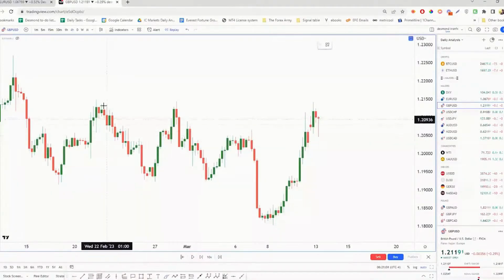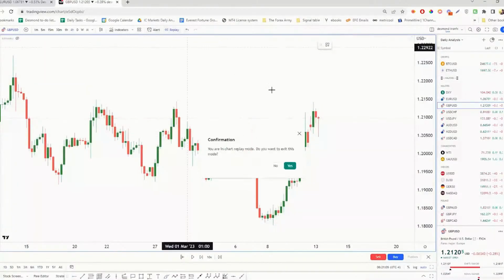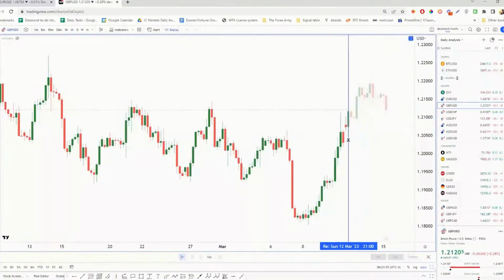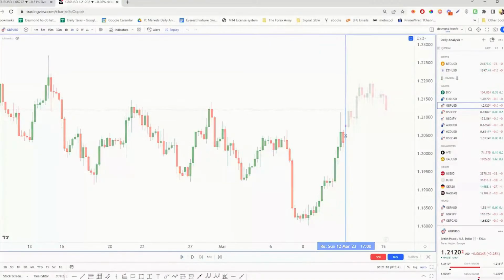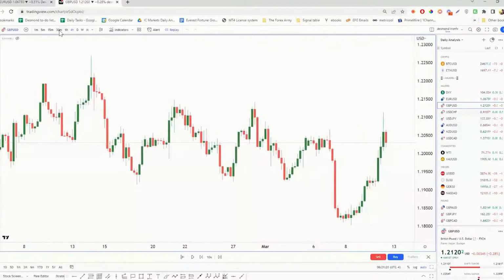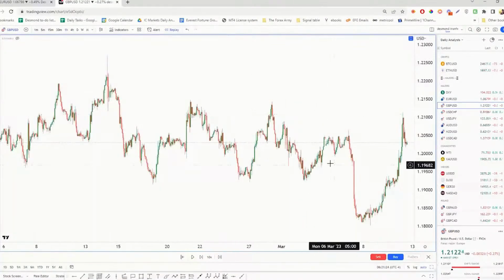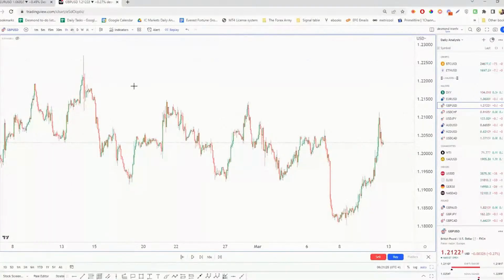In this particular setup, right? If I were to do a bar replay feature, so I think it was a 4-hour chart.